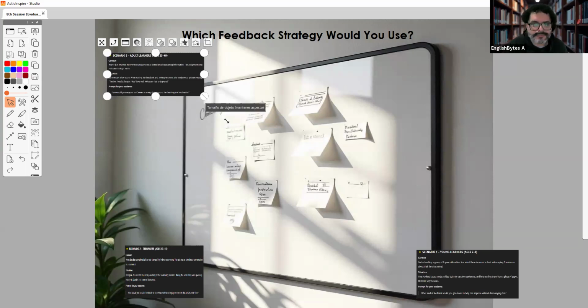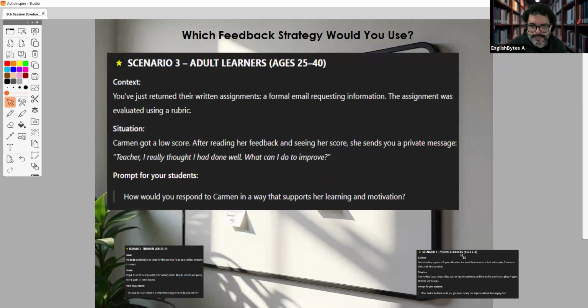Talking about adults, third scenario, 25 to 40. You've just returned their written assignments, a formal email requesting information. The assignment was evaluated using a rubric. Carmen got a low score.